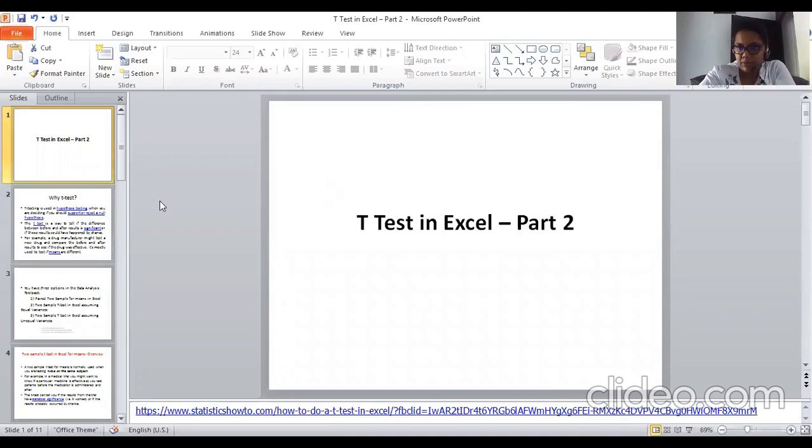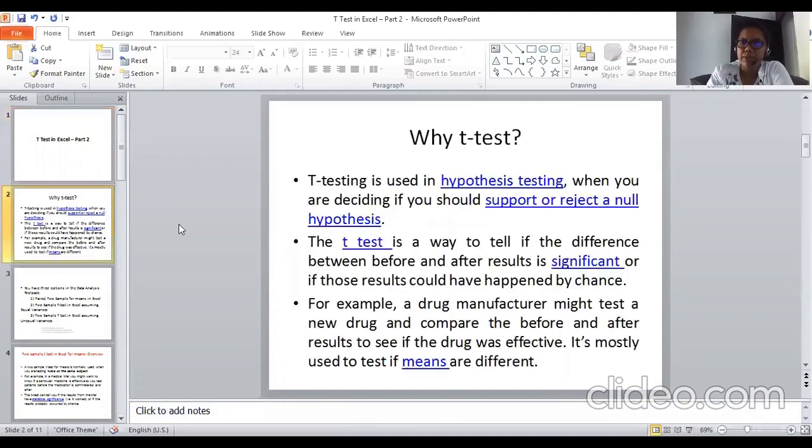Let me recall why it is important to conduct a t-test. Why t-test? T-testing is used in hypothesis testing when we are deciding if we should support or reject a null hypothesis. When you have a null hypothesis, you are going to accept or reject the null hypothesis. One technique that you can use for hypothesis testing is the so-called t-testing.